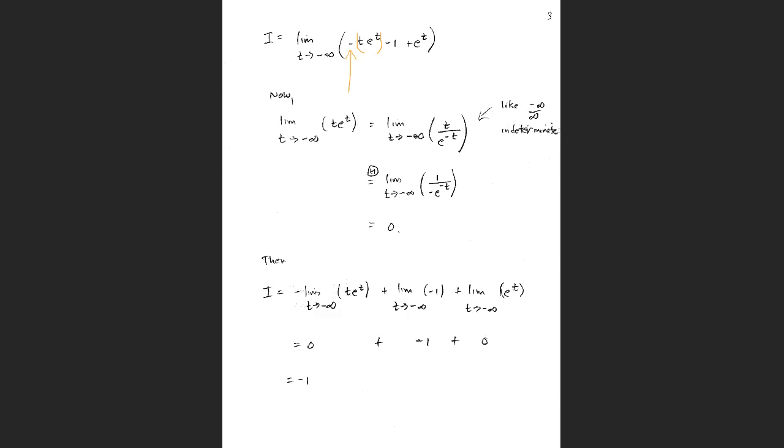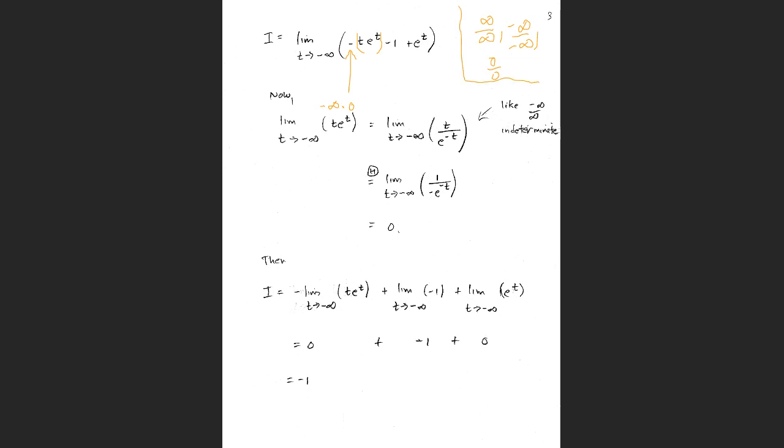And so I have here negative infinity times 0. But I know I can't use L'Hopital's rule on that indeterminate form. L'Hopital's rule is used when the indeterminate form is infinity over infinity, negative infinity over negative infinity, or 0 over 0. Those are the indeterminate forms for L'Hopital's rule.